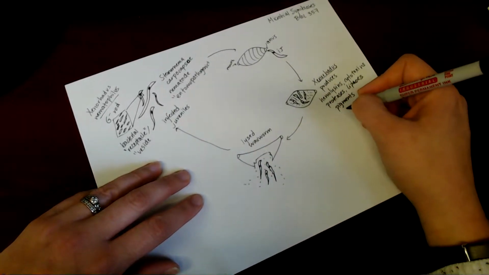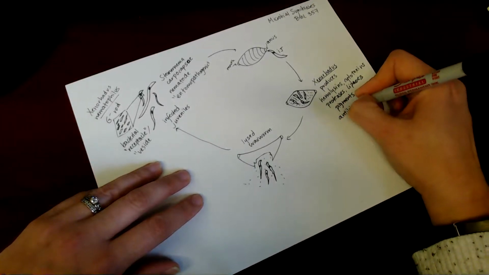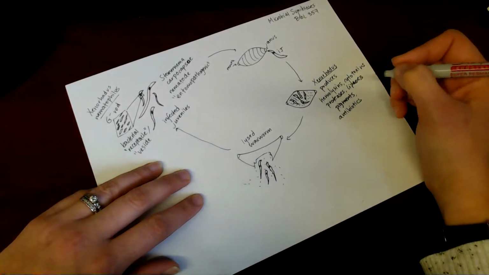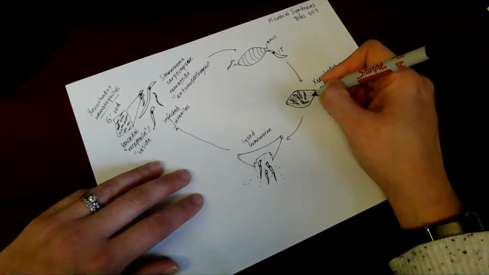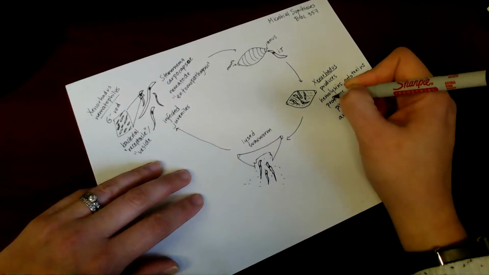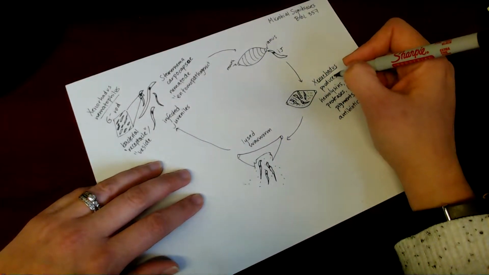Okay. The other thing that Xenorhabdus does is it produces antibiotics. It produces antibiotics to keep away other bacteria during this process. As you can imagine, as this waxworm dies, it becomes susceptible to degradation by lots of microbes.